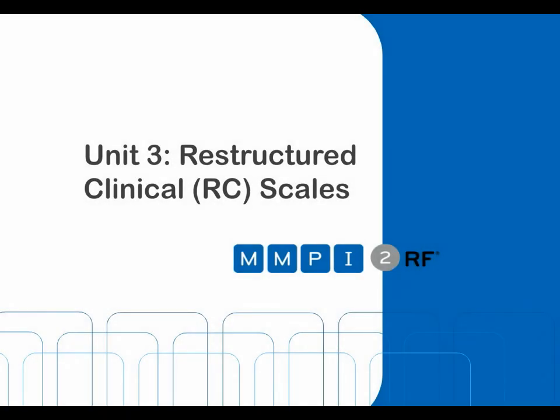And now we move into the restructured clinical scales of the MMPI-2-RF, which are actually identical to the RC scales from the MMPI-2. The MMPI-2-RF restructured clinical scales, or RC scales, were developed originally for the MMPI-2 to assist in interpreting scores on the clinical scales, primarily by disentangling some of the overlap among the clinical scales that led to excessive correlations between them.